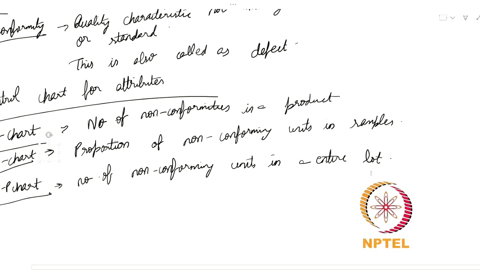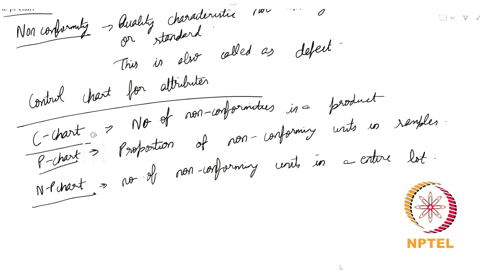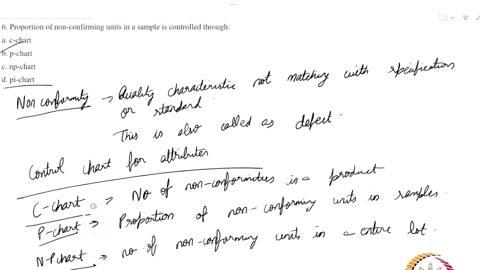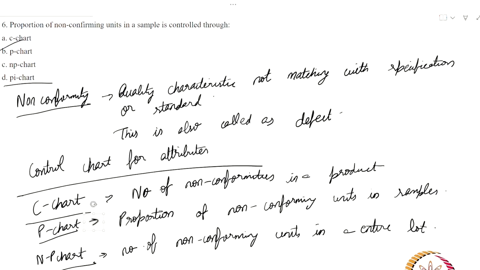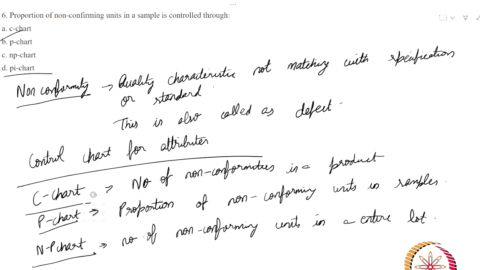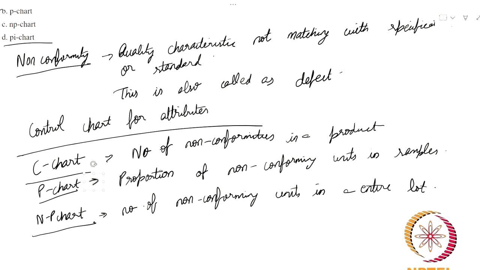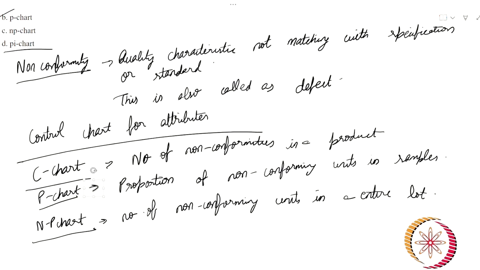Now we come across the control charts for attributes and variables. This is the control chart for attributes: the C chart, P chart, NP chart.